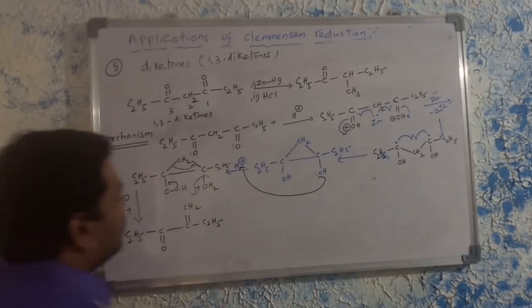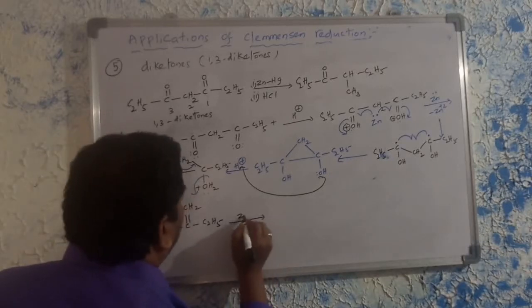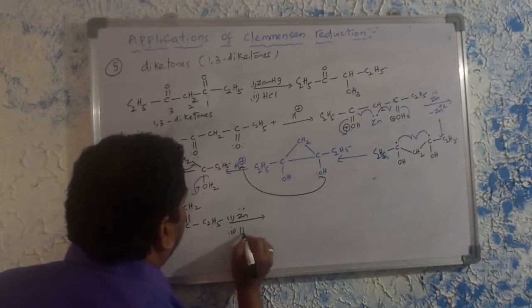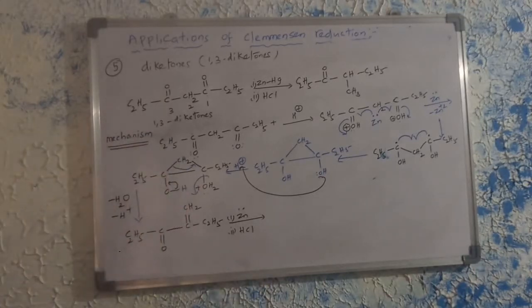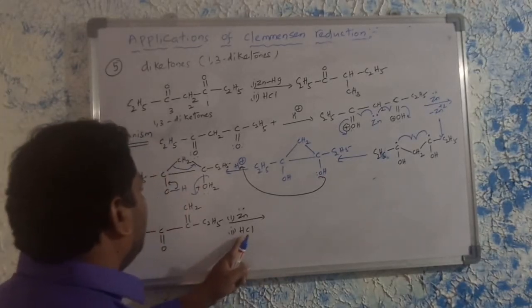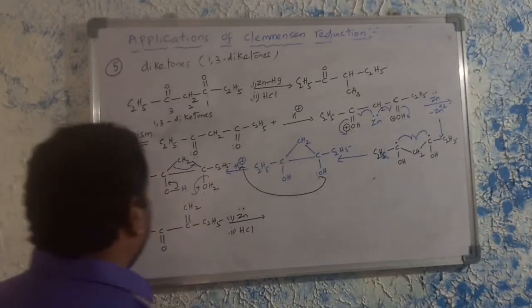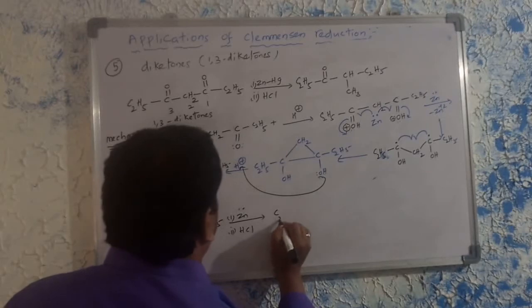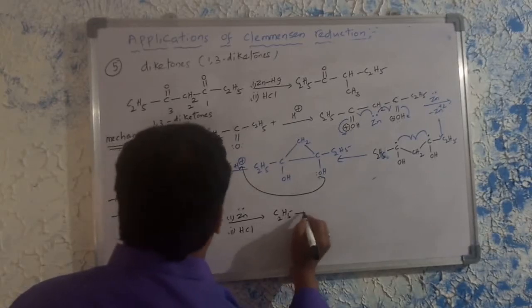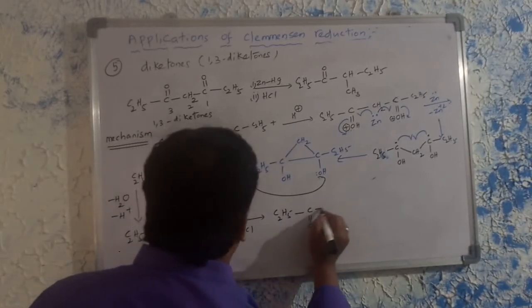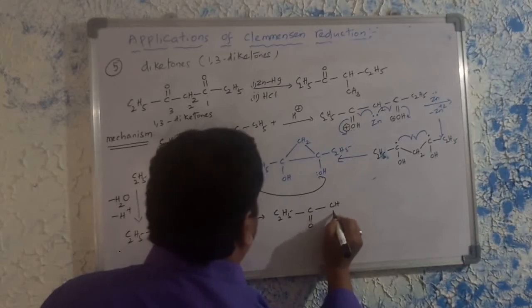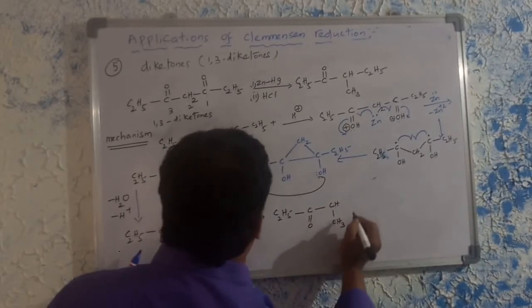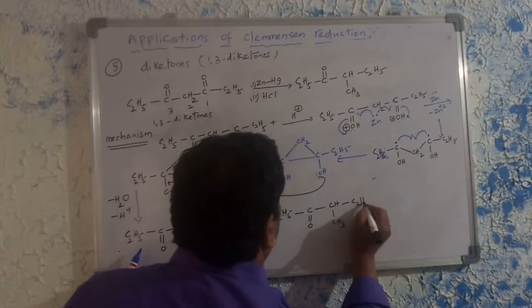Again react with zinc and HCl under acidic condition. The HCl hydrogen is shifted to here. So therefore C2H5 C double bond O CH2 CH3 C2H5.